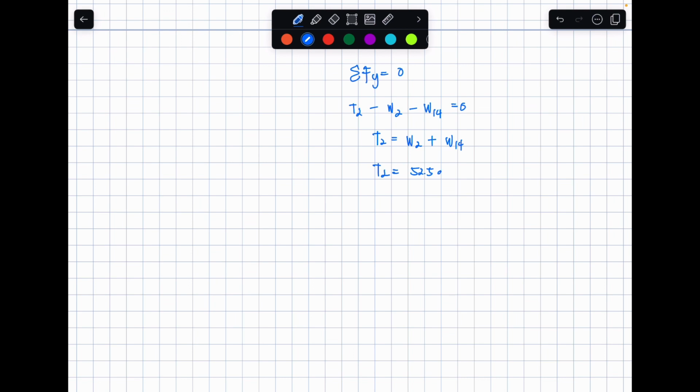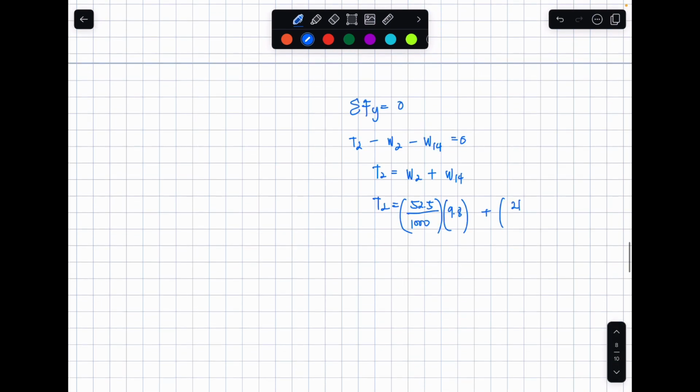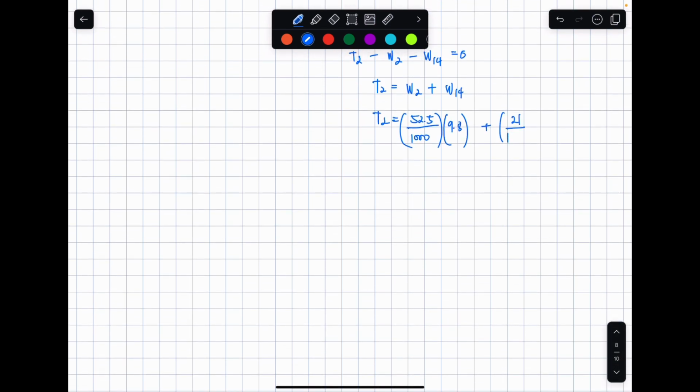Since that is grams, I'm just going to divide it by 1,000 to convert to kilogram, and then multiply it with 9.8. So plus 14 is 21 grams, multiplied with 9.8 over 1,000.